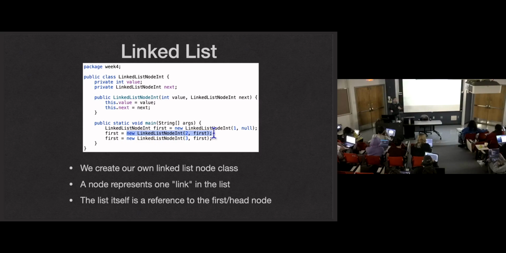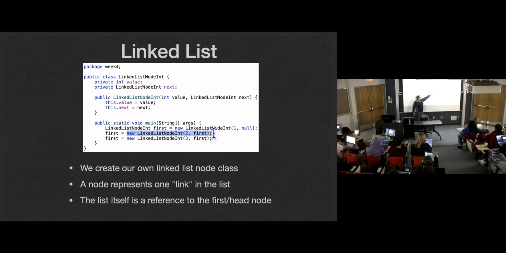Well, it depends on where we are in the evaluation, because its value changes after this line executes. When we execute this constructor, we resolve the parameters before we can call the constructor, before we can get to that stack frame. And at that point in time, first is still a reference to this linked list node here.